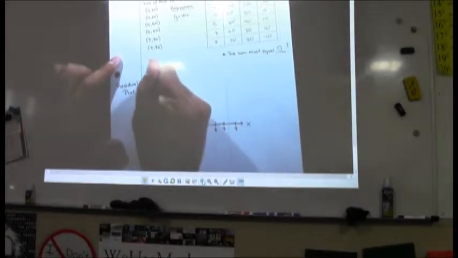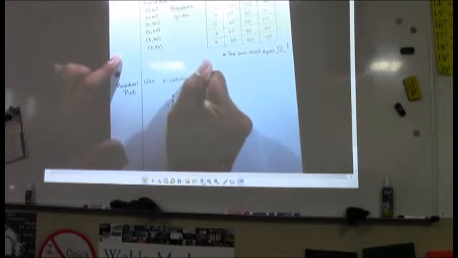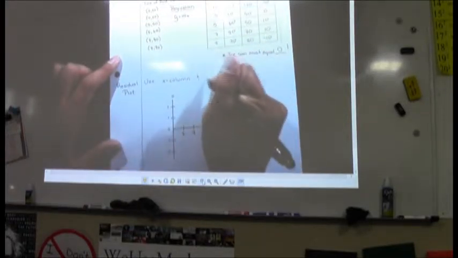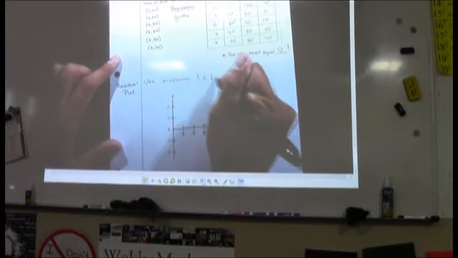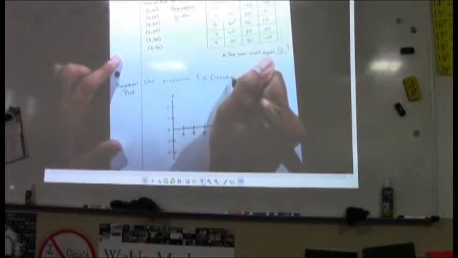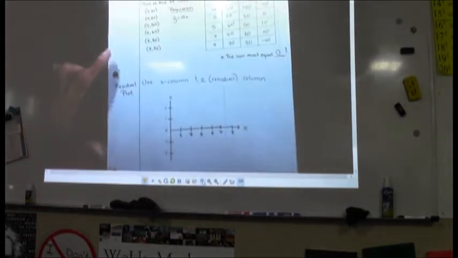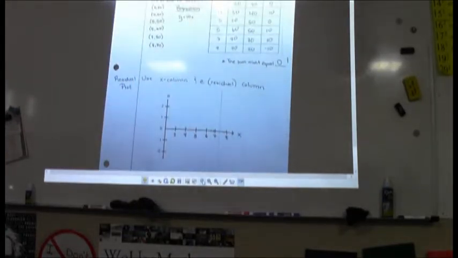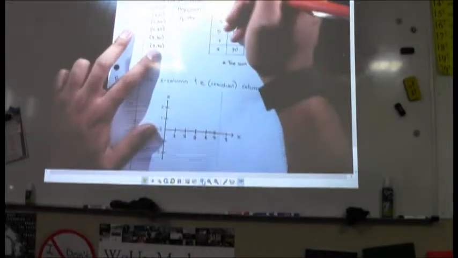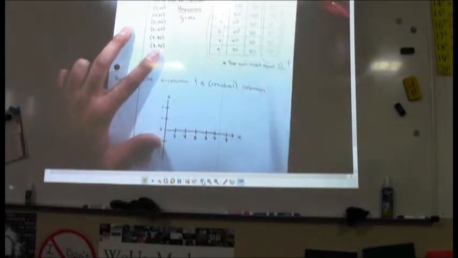So I want you to write: use x column and E, and in parentheses, residual column. If we're creating a residual plot, we're going to need the residuals. It's in the name. I'm actually going to circle this and this.